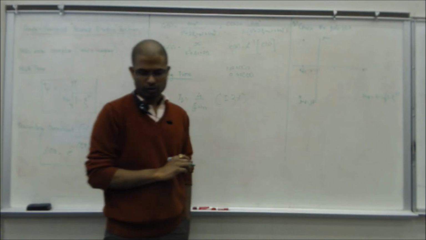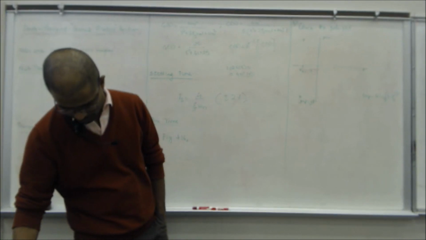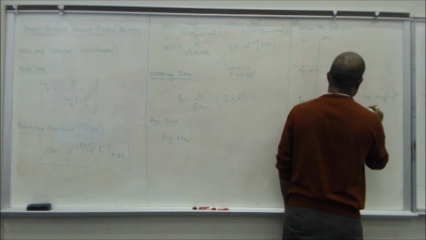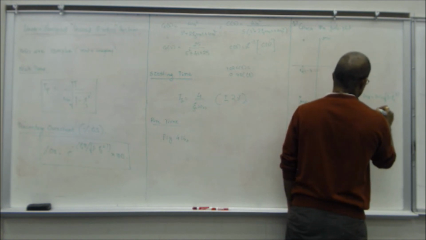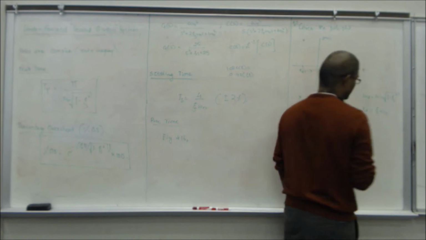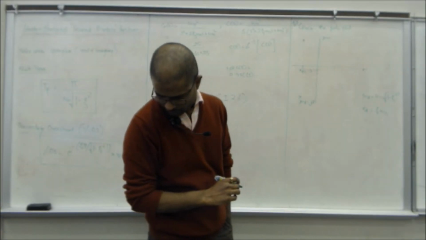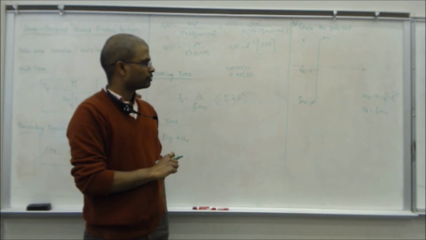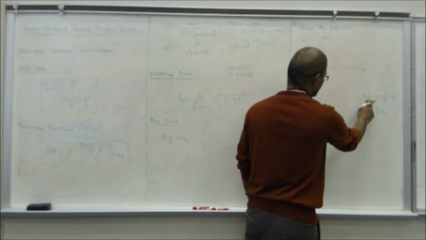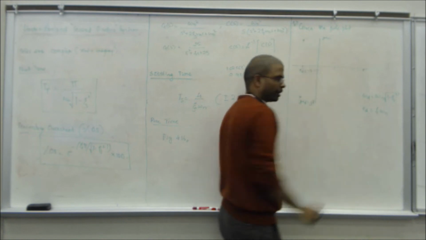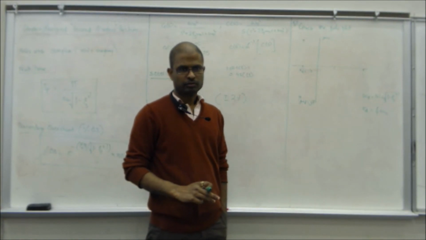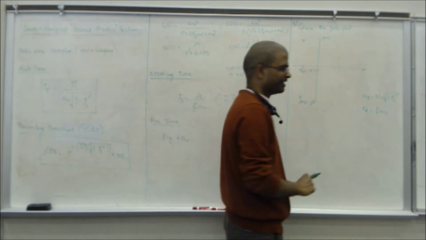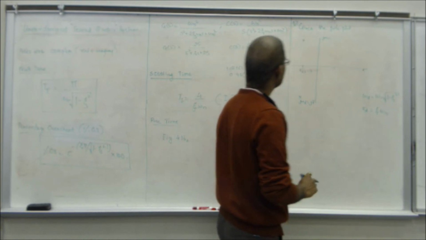Okay, this is how omega d is defined, and sigma d is defined as zeta omega n. This is the damped frequency, and this is the damping ratio. So you can just call it sigma d.